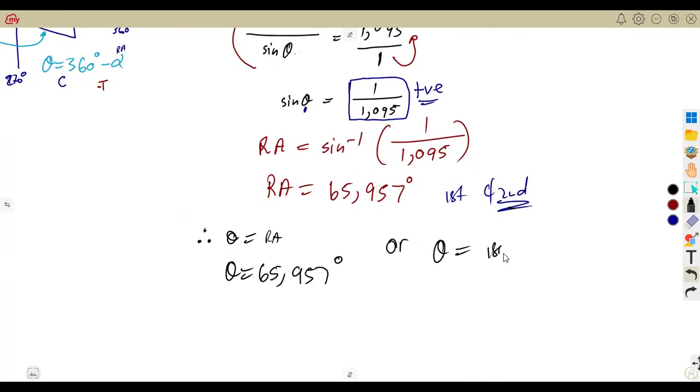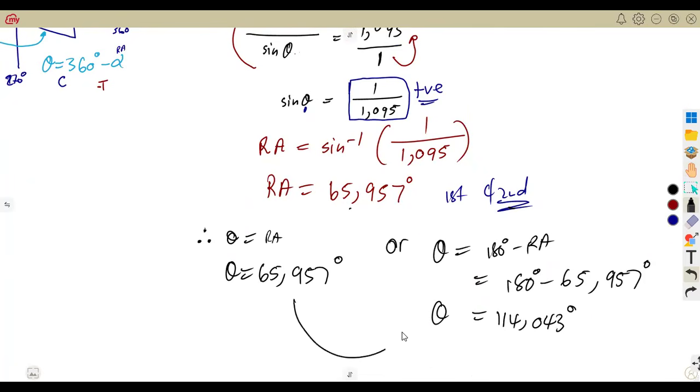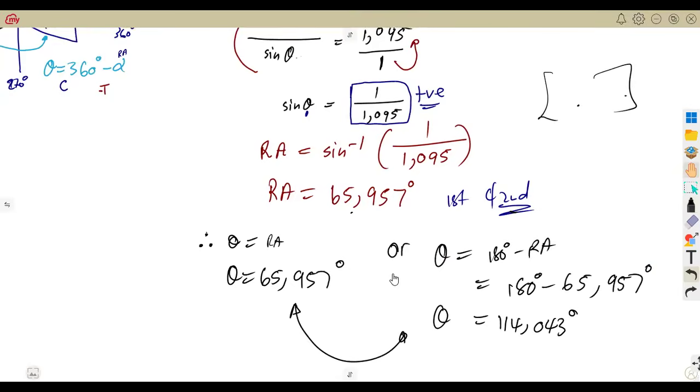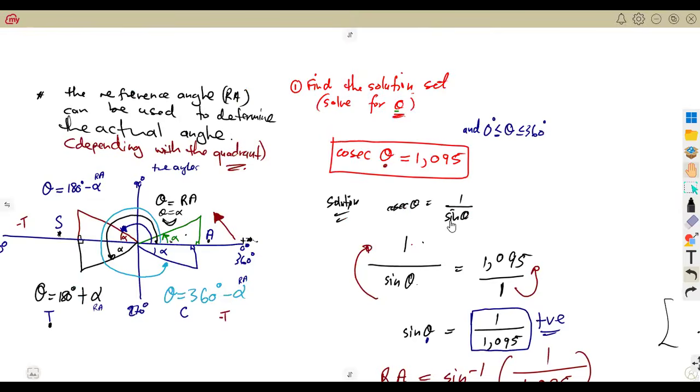So that is 180 degrees minus 65.957 degrees, which gives us another value of theta, 114.043. Within the interval, these will be the values of theta. Now, as a solution set, you can just write the set from this value to this value.